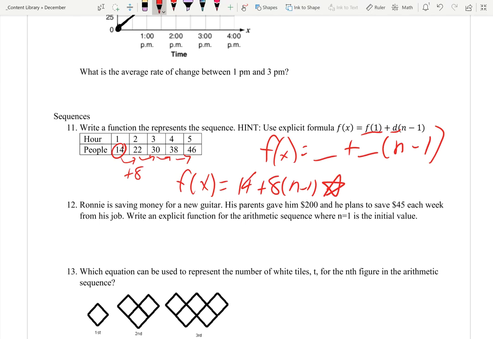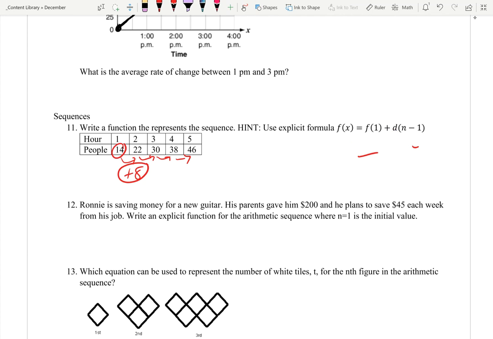That's your responsibility. Blank plus blank times n minus 1. But if you remember it, it's very simple to just plug in, hey, you're looking for your first term, well, that goes here. And then you're looking at your common difference, and that goes here. And you've got your equation. It's very straightforward. Okay? So make sure you're able to do that. That's important.